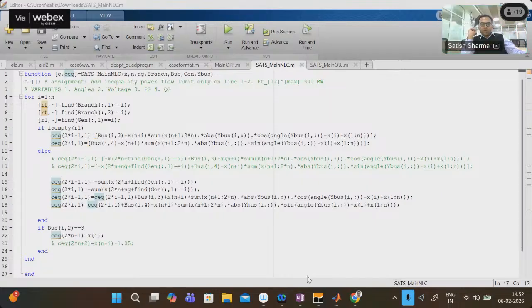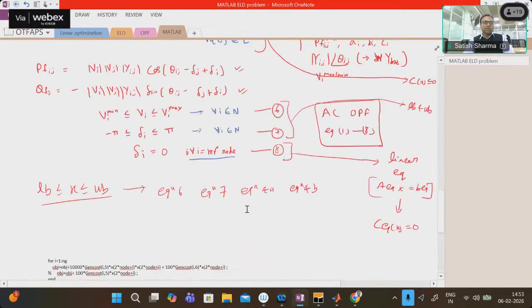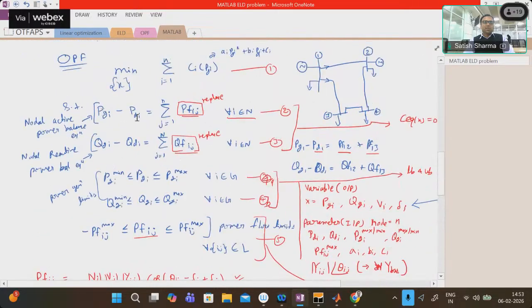So if we look at this particular problem, another equality constraint I have defined is this part. The first part gives you the PG. Earlier in our formulation we wrote it as PG minus PD, but I have defined it differently. It's PD minus PG, and the rest of the part is brought to one side.